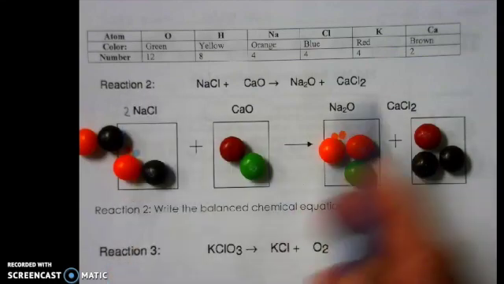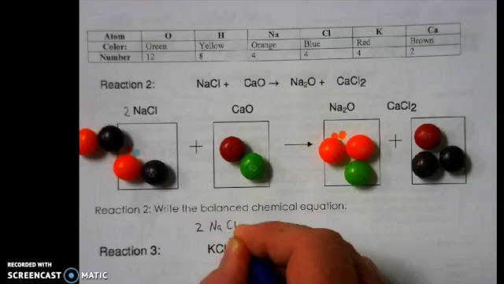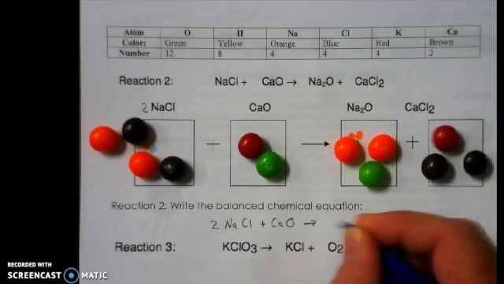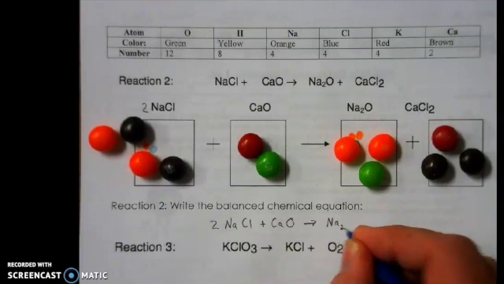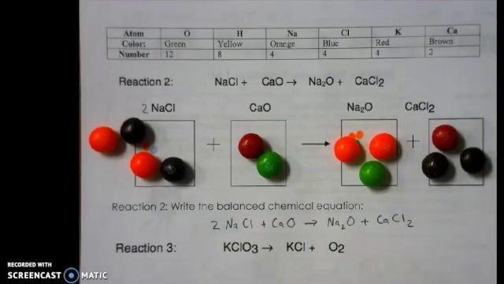So this is our final equation. 2 NaCl plus CaO yields Na2O plus CaCl2. Okay, so that is reaction number 2.